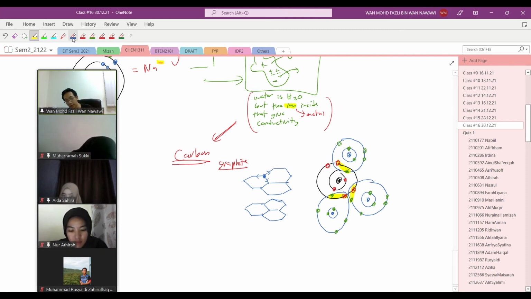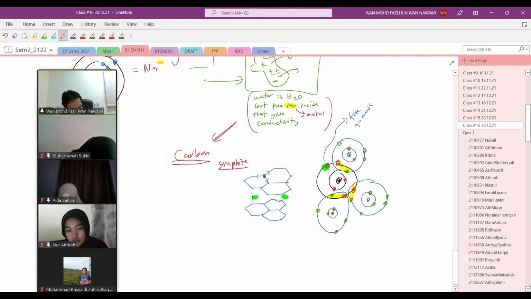So when this happens, this electron, in a different color, is free to move. Meaning that in the chicken wire, in the graphite structure, there are electrons that are free to move between these layers.